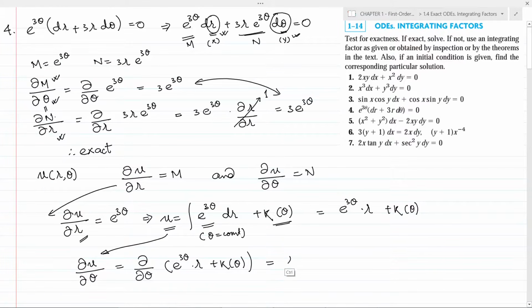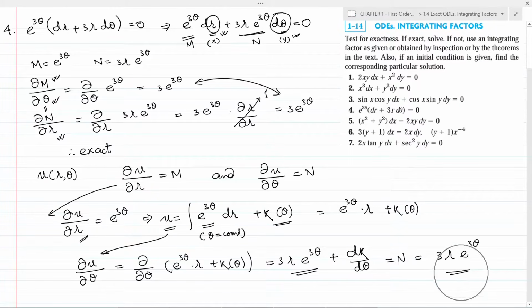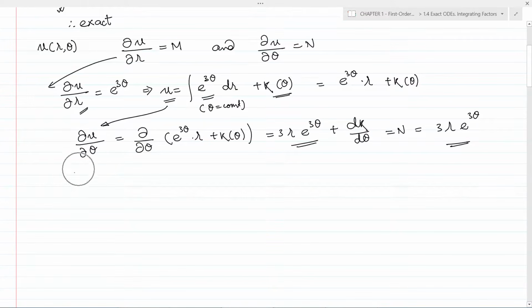Now this is equal to r 3 e to the power 3 theta plus dk by d theta, which is equal to n, which is equal to 3r e to the power 3 theta. And these terms are equal, which cancels out.